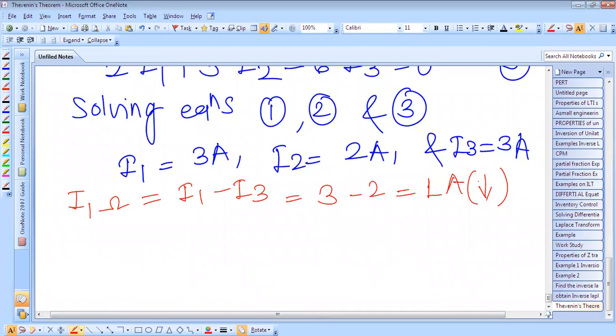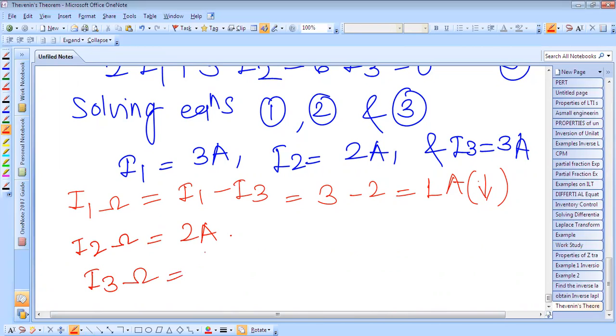Similarly, we have to find the current flowing through the 2 ohm resistor. So for the 2 ohm we can directly find it, it is 2 ampere, as given. What is the current flowing through the 3 ohm resistor?